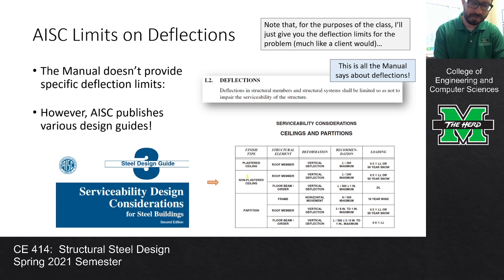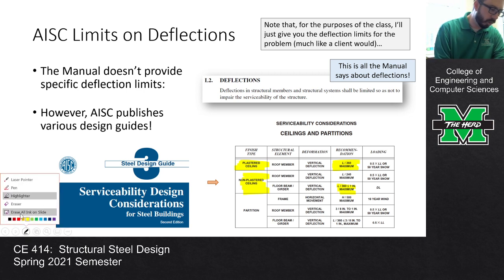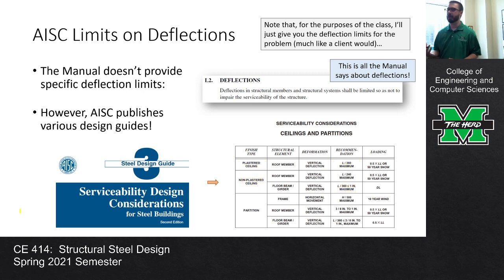For instance, if you remember, we talked about plastered ceilings, and we said the deflection limit might be L over 360, or maybe something different for a non-plastered ceiling or a floor beam. For the purposes of this class, I'm just going to give you the deflection limits, much like a client would.